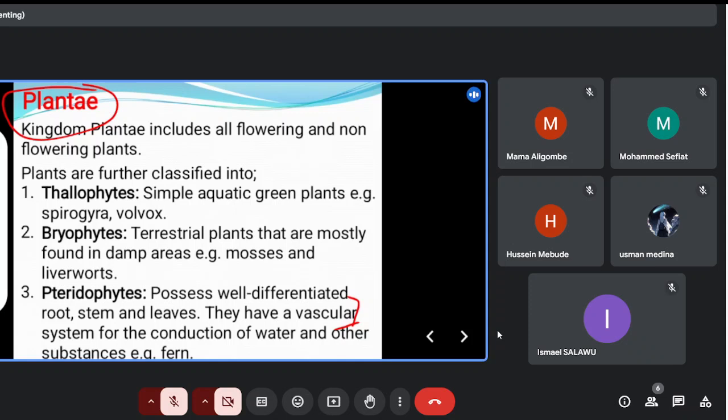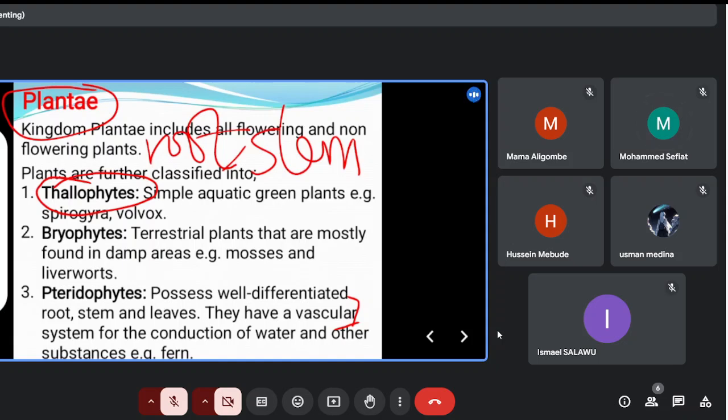They possess chloroplasts, they are autotrophs, and so on. They can exhibit sexual and asexual reproduction, especially Spirogyra. And one major thing to note about this group is that even though they are classified as plants, they are known to be that group of plants that lack root, stem, and what do you think?